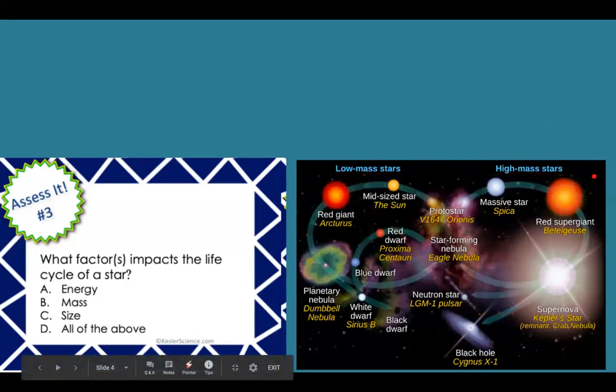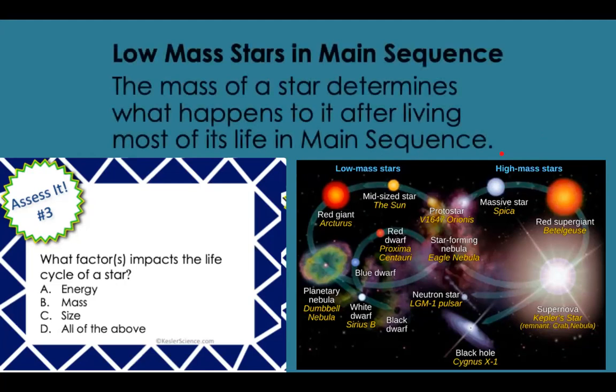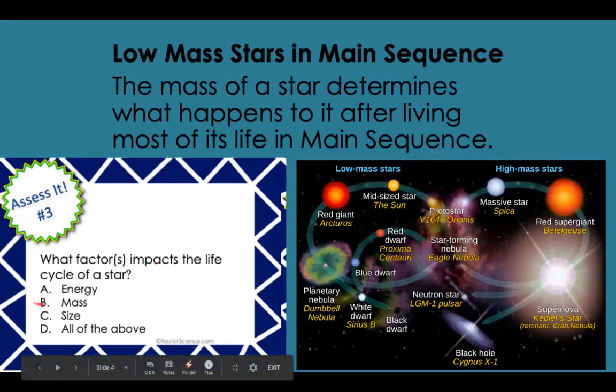If we look at how these stars are grouped, they are grouped according to their mass. So the mass of a star determines what happens to it after living most of its life in main sequence. So the answer to this question is mass.